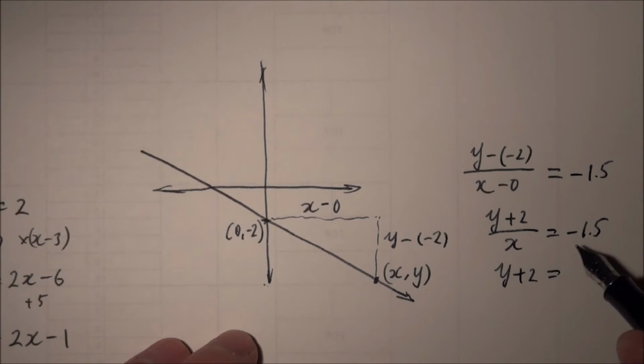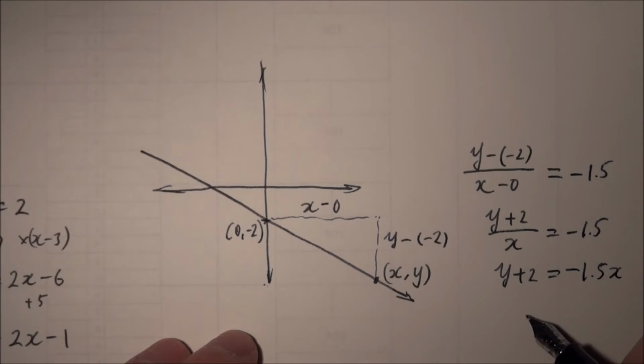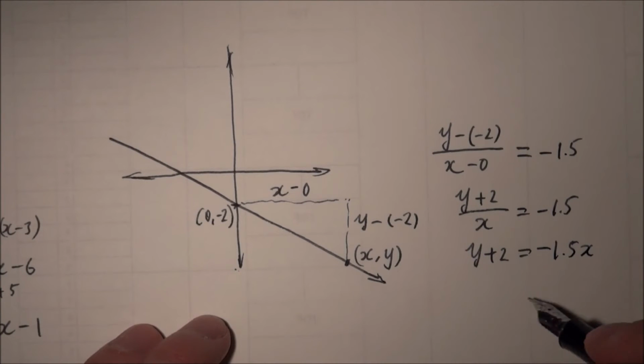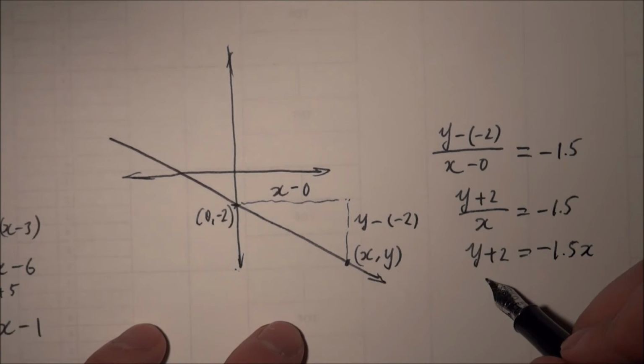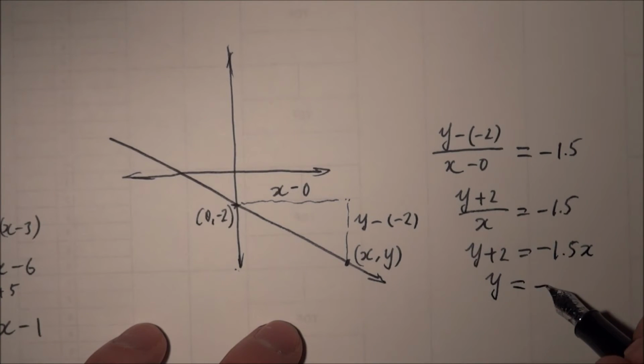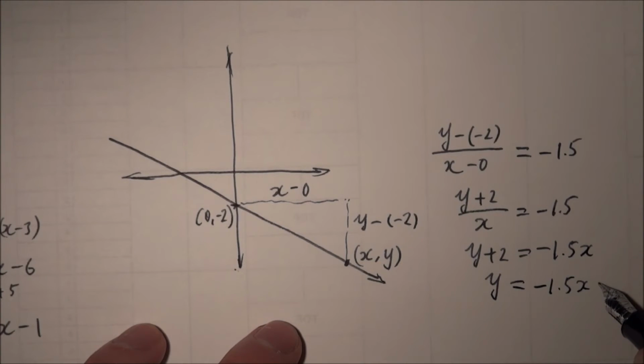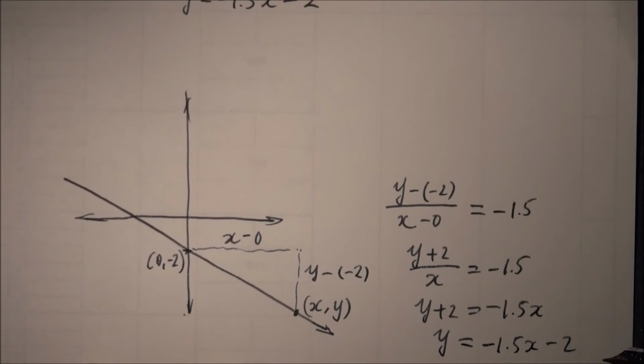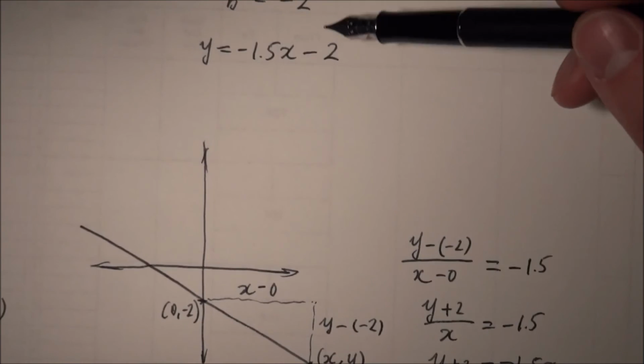We multiply both sides by x to remove this denominator, so y plus 2 equals -1.5x, and then we subtract 2 from both sides. So y equals -1.5x minus 2. Exactly the same answer as before.